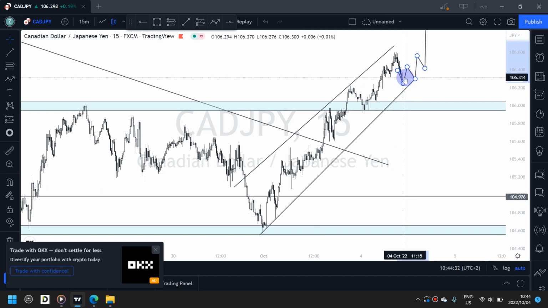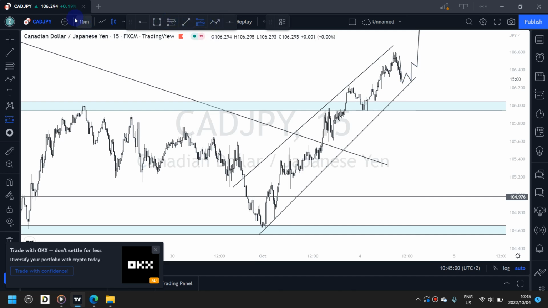This is what I would expect: a formation of a double bottom right there, something like this, and a breakout and a retest. This retest here is where I would have my entries. 15 minutes is for entries only.